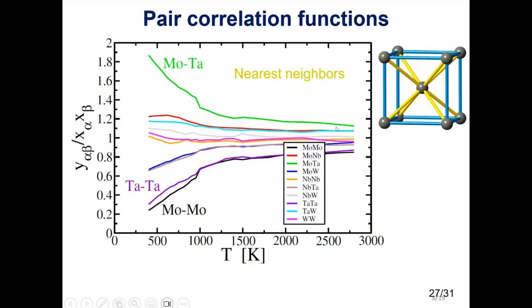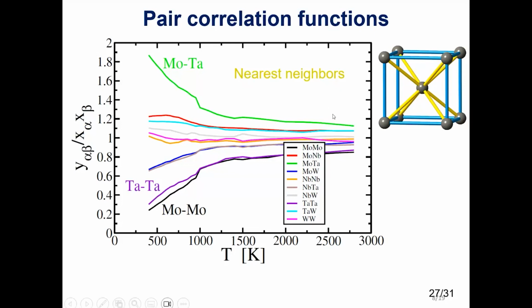But what I've drawn for you here are the relative frequency of near neighbor bonds. Here is a little fragment of a body-centered cubic structure, and these yellow bonds along the diagonals are the near neighbors. And you see that actually, even at high temperature, there's a slight preference for molybdenum tantalum near neighbor bonds. And at the same time, there's a deficit of tantalum and molybdenum bonds at near neighbors.